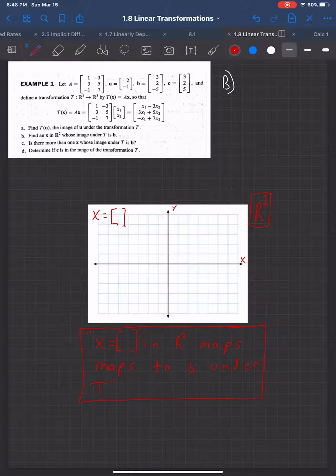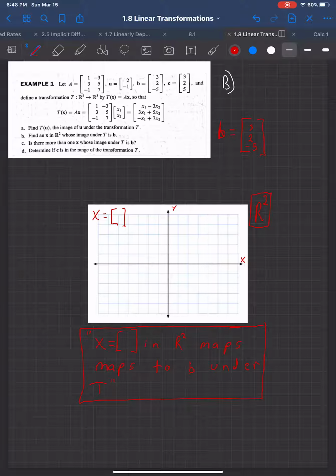We want to find an x in two-dimensional space whose image under T is B. The problem has told us that B is defined to be 3, 2, negative 5.